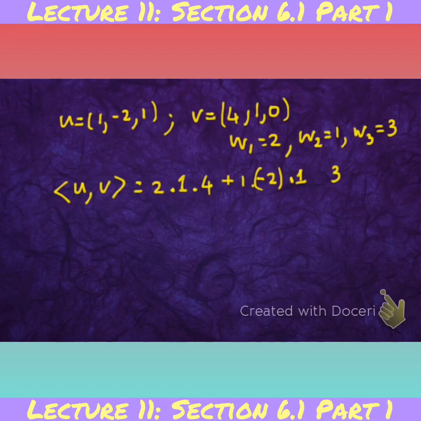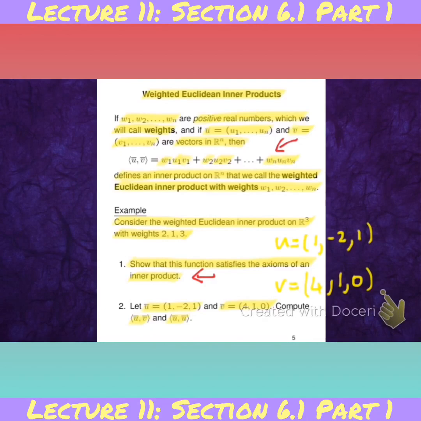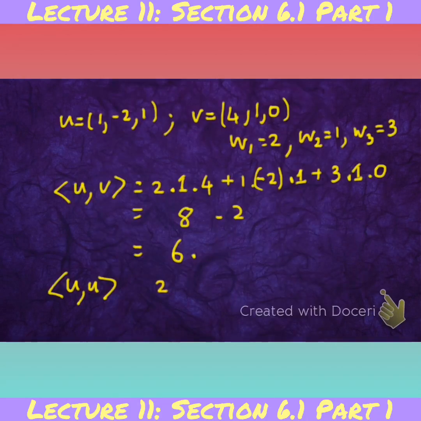So that's going to be third weight, and that's going to be times 1 times 0. So that's pretty straightforward. So that inner product is going to be 6. And then to just compute the inner product of U with itself, reduce the weights.